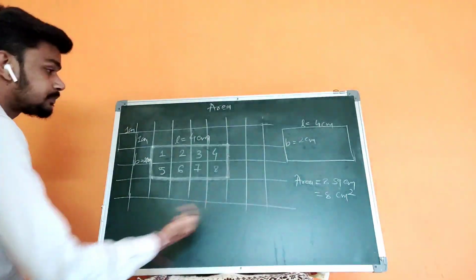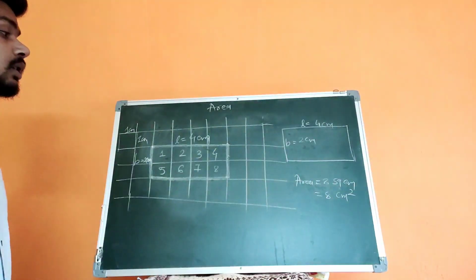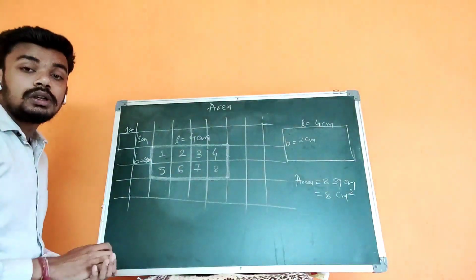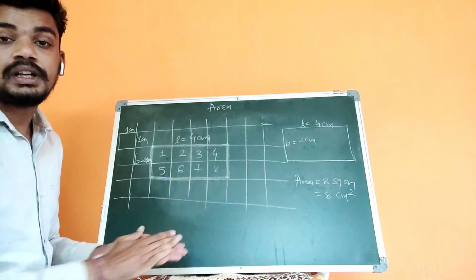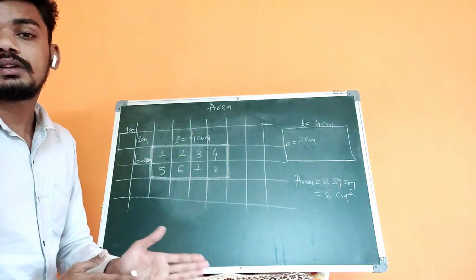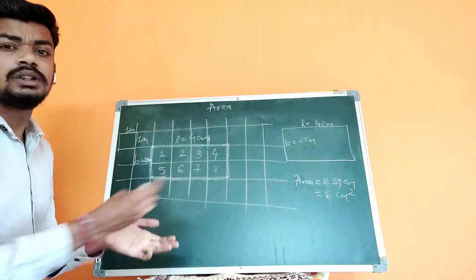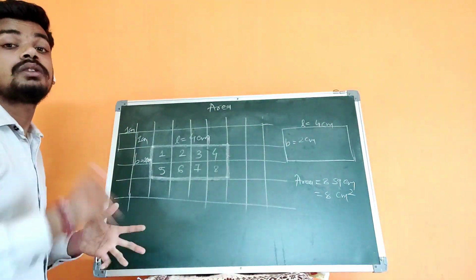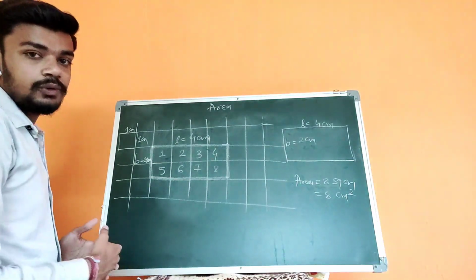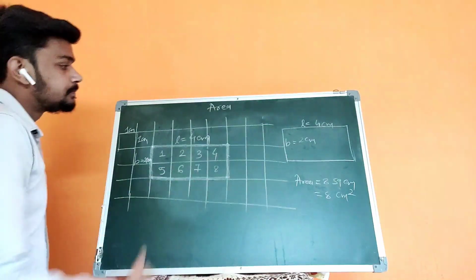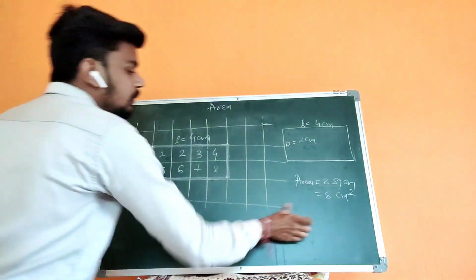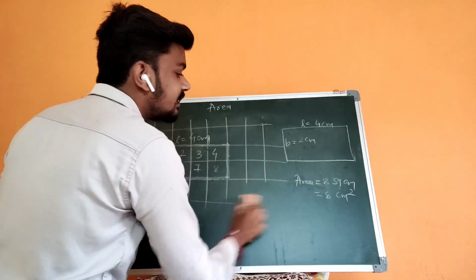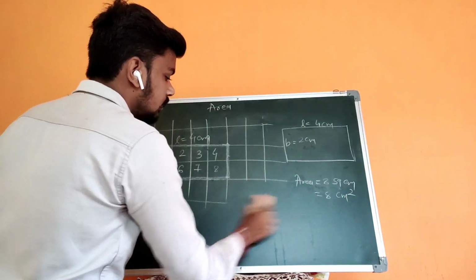Understood? Okay, now in the previous one also we have done the equation to find the perimeter of the rectangle, perimeter of the triangle, perimeter of the square. In this one also we can make the equation. To make that equation, let's take that example only.